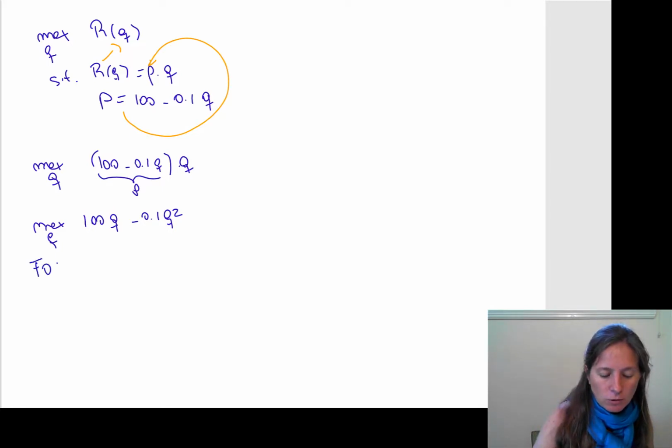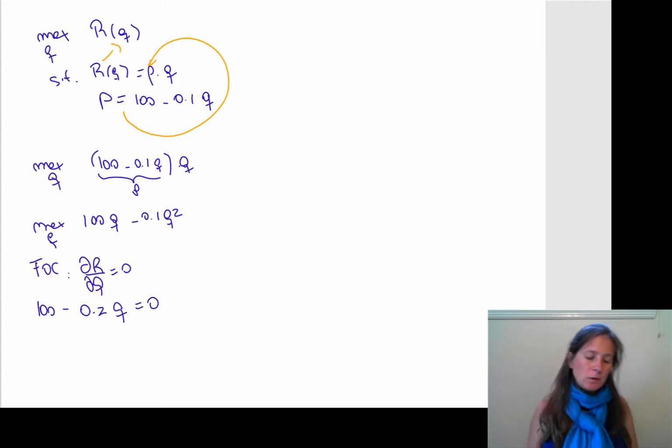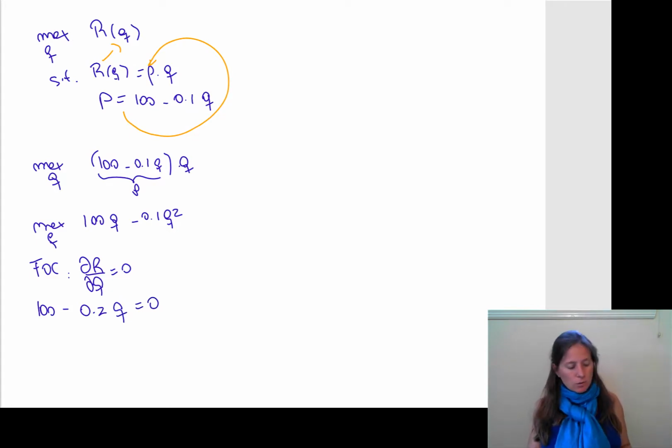Now, how do we find the maximum? Well, we take our first order condition. Remember, we want to make the derivative of our revenue function with respect to Q equal to 0. So this is 100 minus 0.2 Q. I just took a derivative and made it equal to 0.